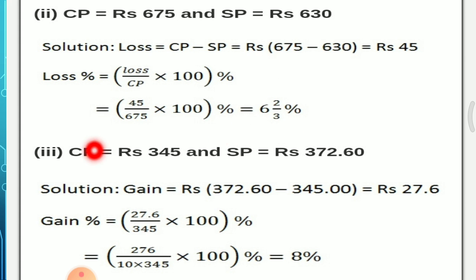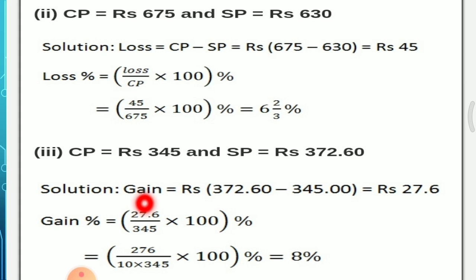Next is that cost price is equal to 345 rupees and selling price is equal to 372.60 rupees, 372 rupees 60 paise. Here you see that selling price is greater than cost price, so gain is equal to selling price minus cost price, meaning 372 rupees 60 paise minus 345 is equal to 27 rupees 60 paise.